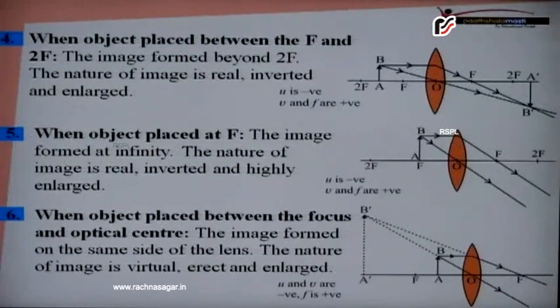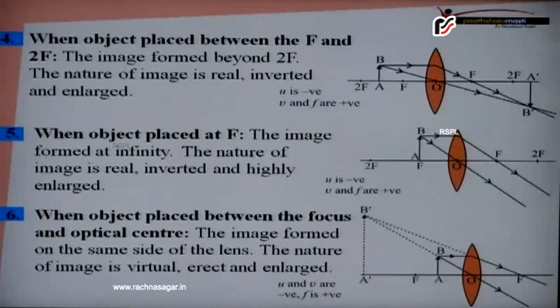Next case, when the object is placed between F and 2F. Here the object AB is placed, and after refraction the image is formed beyond 2F. What about the nature? The nature is real, inverted and enlarged.